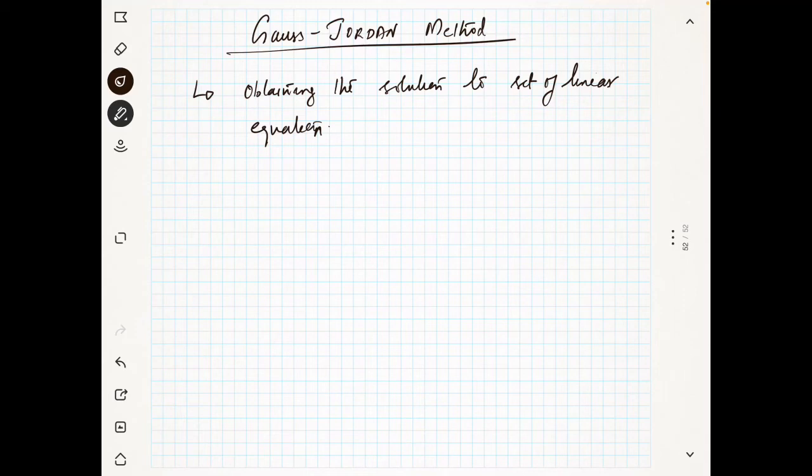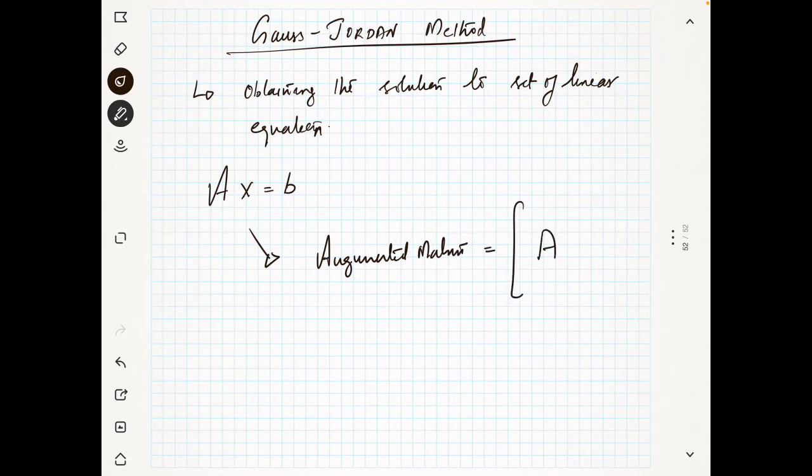And you know that any equations can be written as Ax is equal to B. And what I am going to do is that I will be making an augmented matrix, the same as A and B. This was the method I have used in the Gauss elimination.